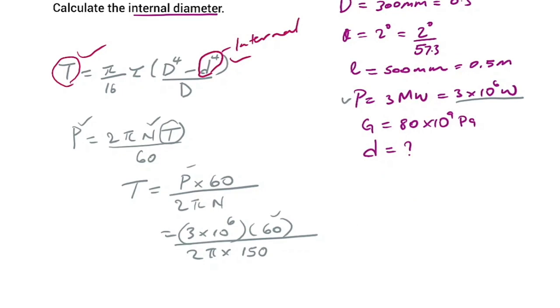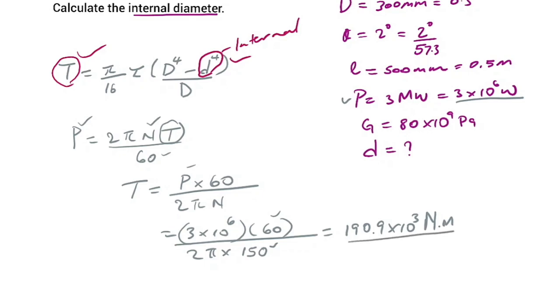This 60 converts this 150 from revolutions per minute to revolutions per second. That's why the 60 is here. So when we proceed, we get the answer to be 190.9 times 10 to the exponent 3. Because it's a torque, the unit is newton meters.